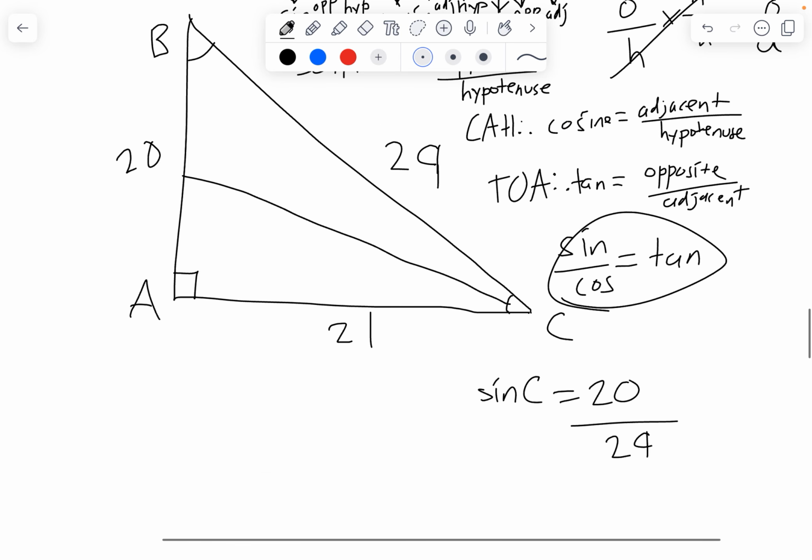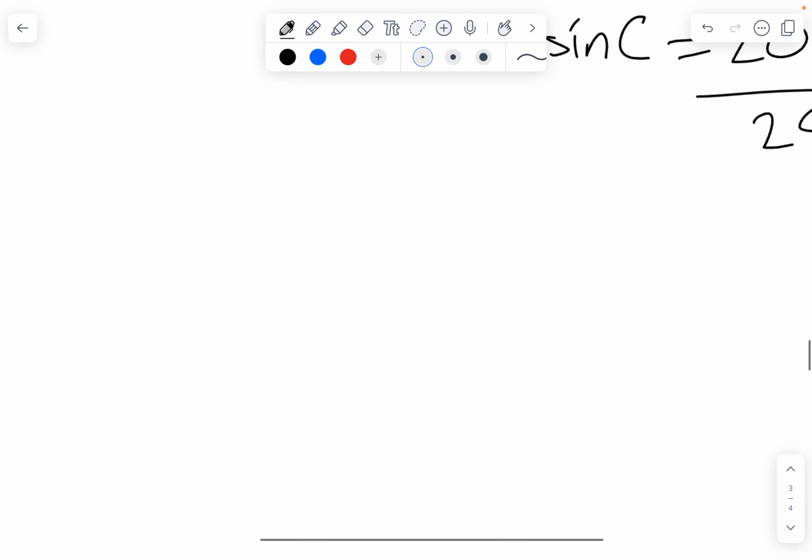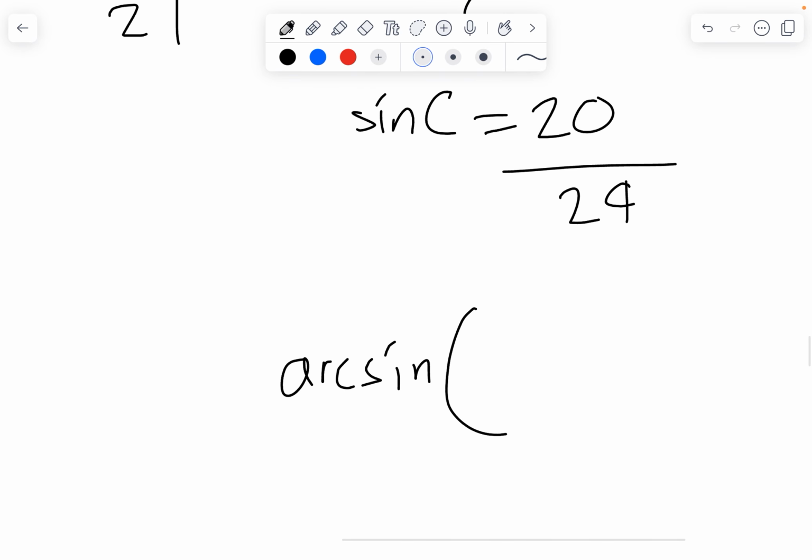But how does that help us? Well, there's another handy-dandy function on the calculator called arcsine. What arcsine does is once you have your sine value, you plug that in and it spits out your angle. And make sure your calculator is in degrees or radians depending on the problem at hand.